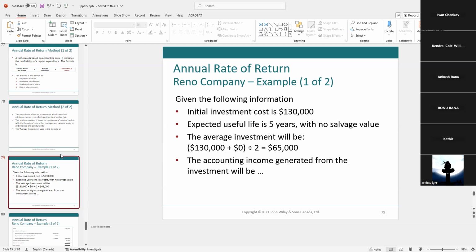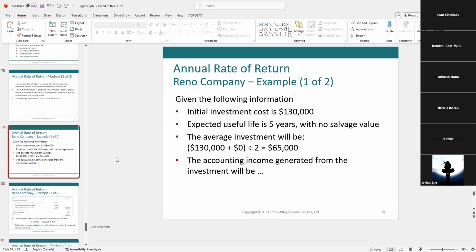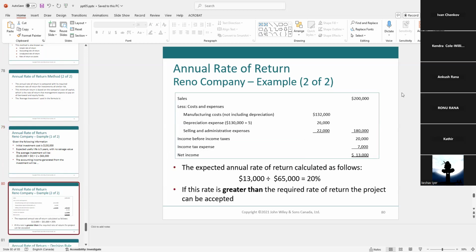We get sales, we get costs, we get income before income taxes, we have income taxes, and net income is $13,000. So at the end of the year we're going to see 13,000 income. The expected rate of return is 13,000 income divided by 65,000 average, which is 20%.